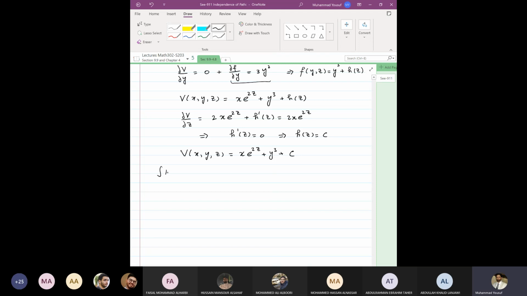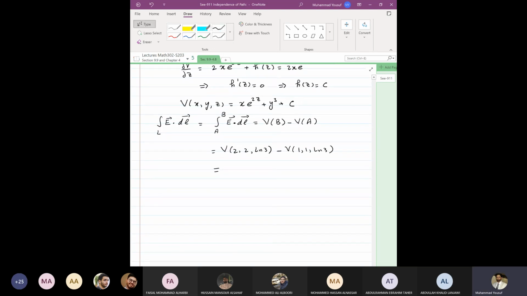So the integral of E dot dl over L is integral from A to B, L from A to B, independent of path, E dot dl, and by the theorem it is V at endpoint B minus V at A, yani V at (2, 2, log 3) minus V at (1, 1, log 3).